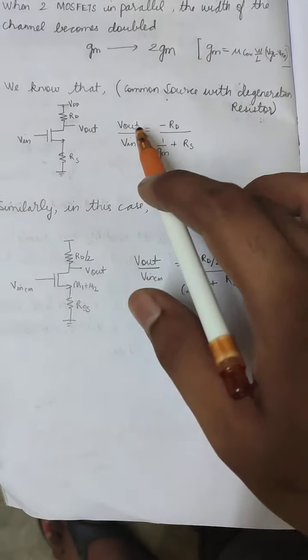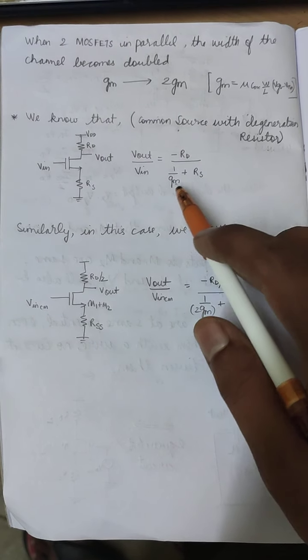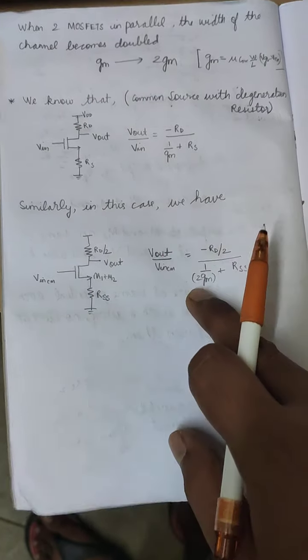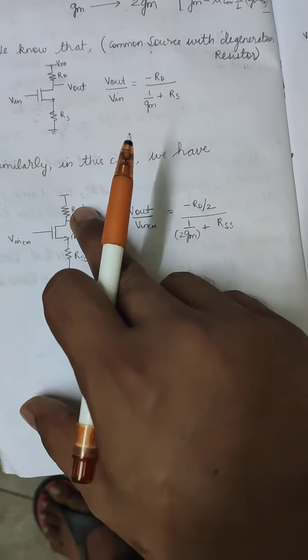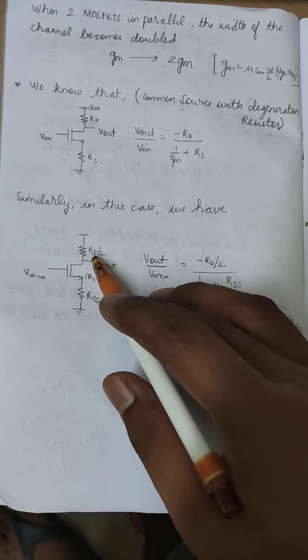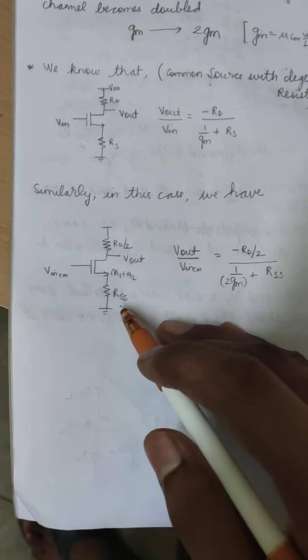Since we know that for such a configuration the gain is given by minus RD by (1 by gm plus Rs), we simply apply that formula to this circuit, right? The same circuit I have redrawn here: this is RD by 2, and this is RSS.